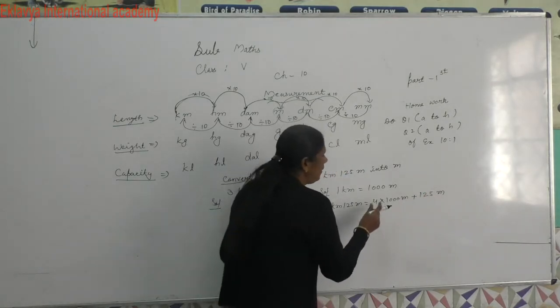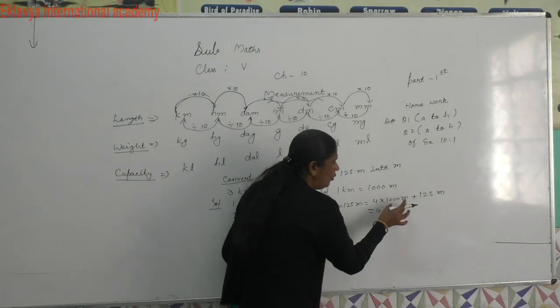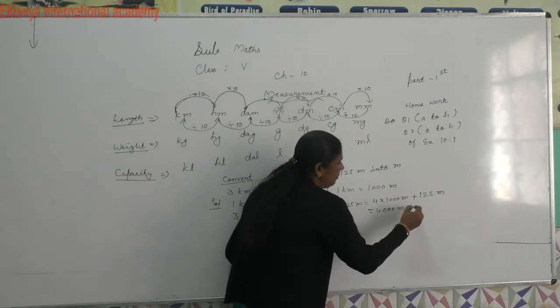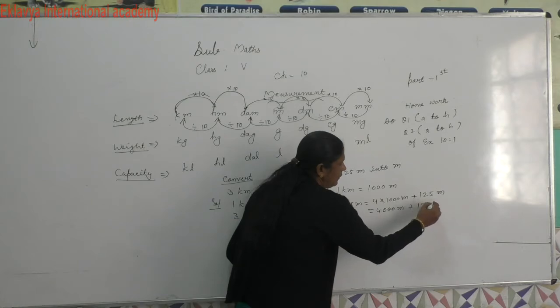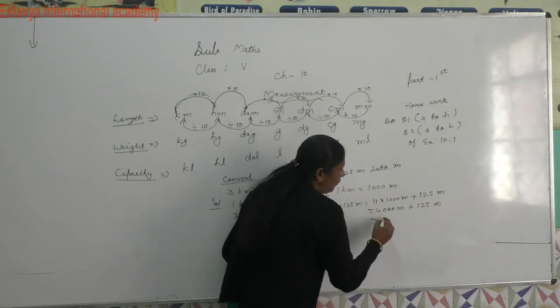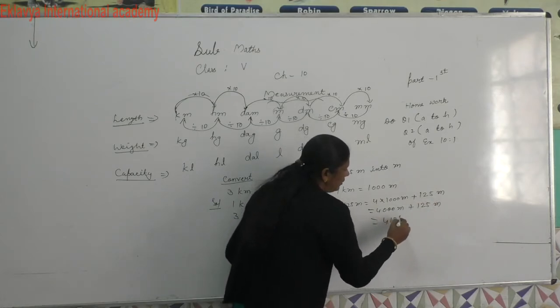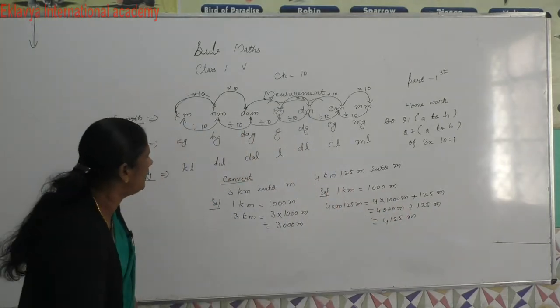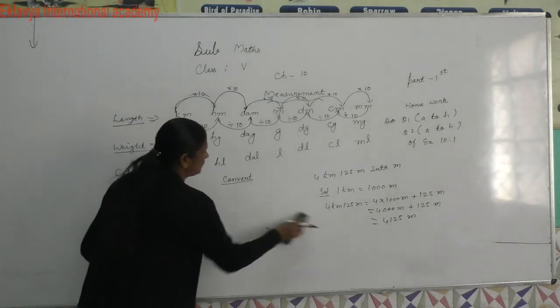How many zeros do we put? 3 zeros. So 4000 meter plus 125 is 4125 meter. Do you understand? Then the next question.